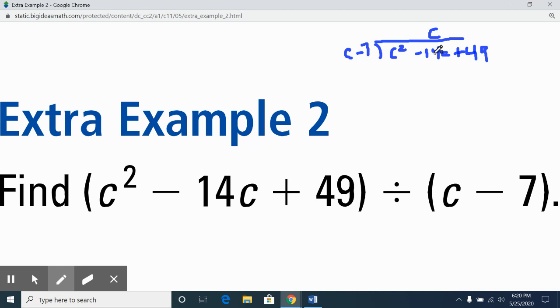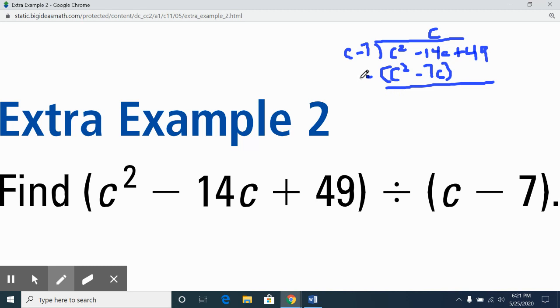Okay, now we have to do the math, right? We have to take what we get when we divide and multiply now by the divisor. So what's c times c? C squared. What's c times -7? -7c. Okay, now I'm going to subtract. Now remember, this is really important to picture this as if it were in parentheses.